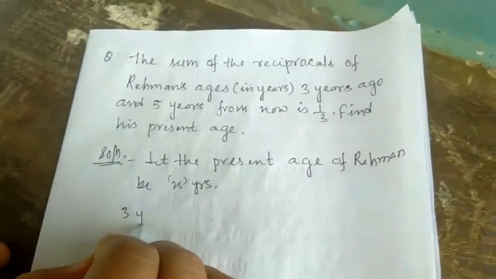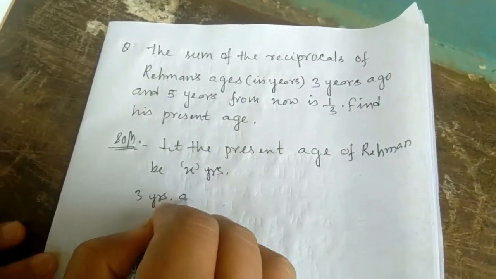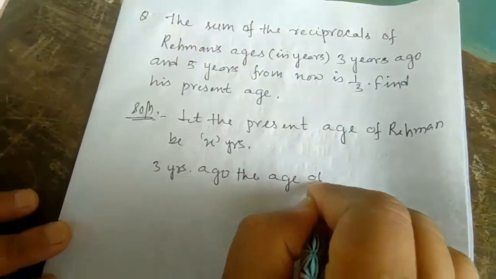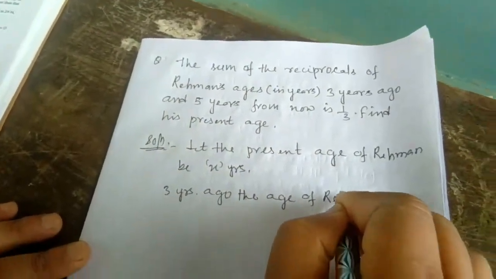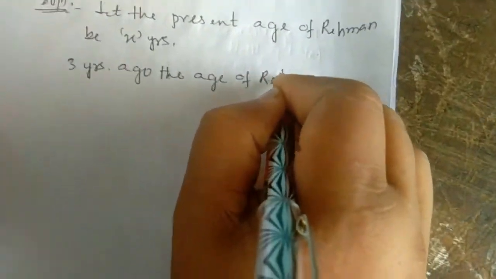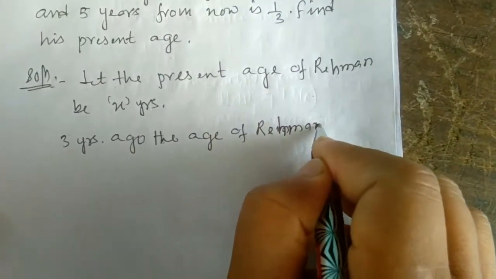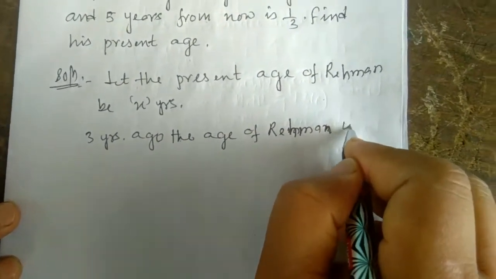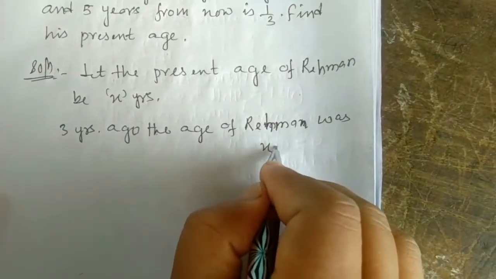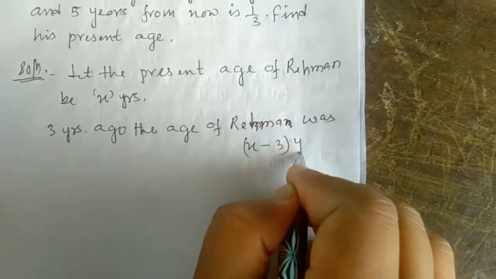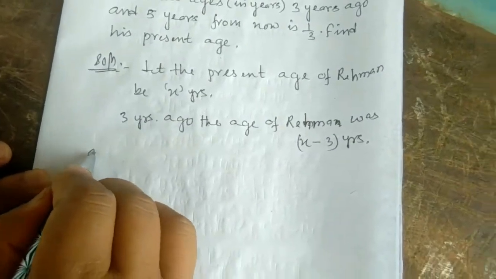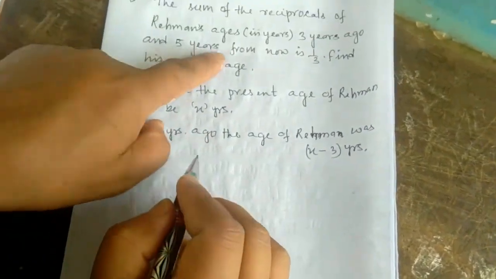So 3 years ago, the age of Rahman was x minus 3. From the present age you subtract 3 years.